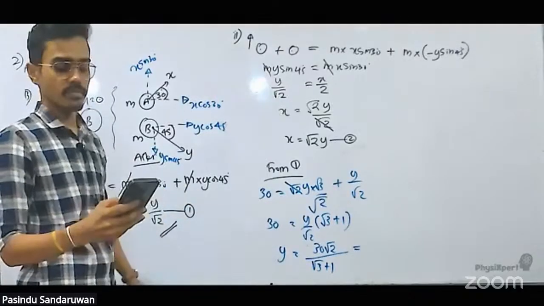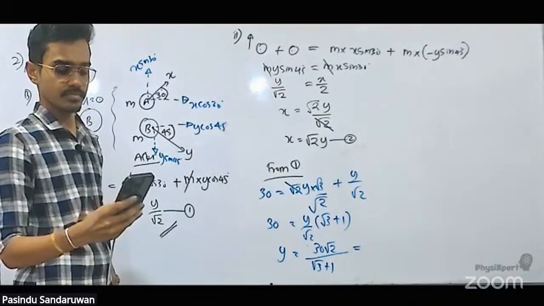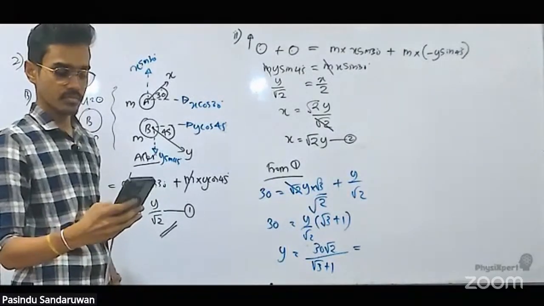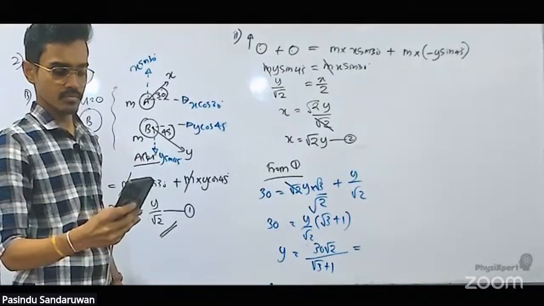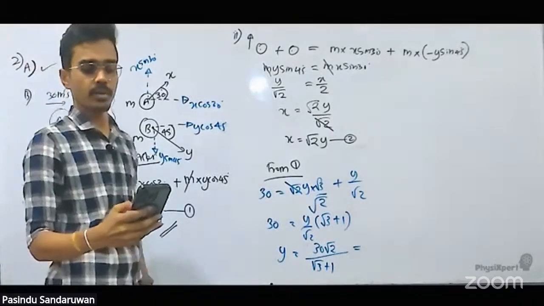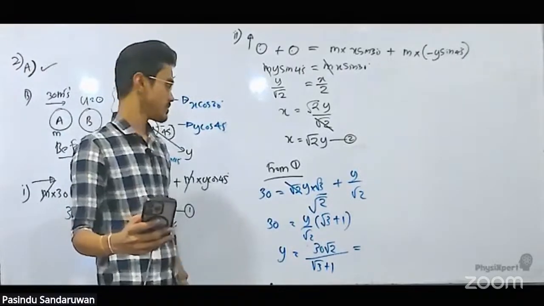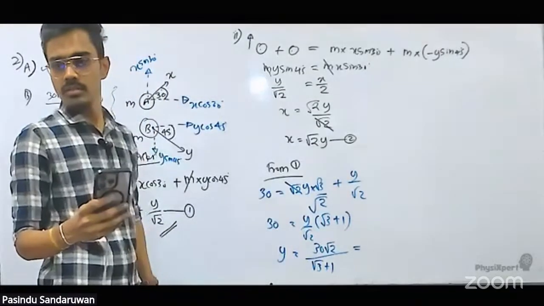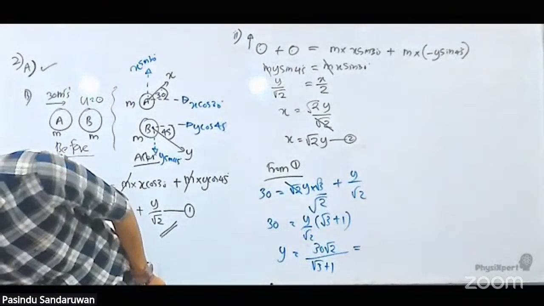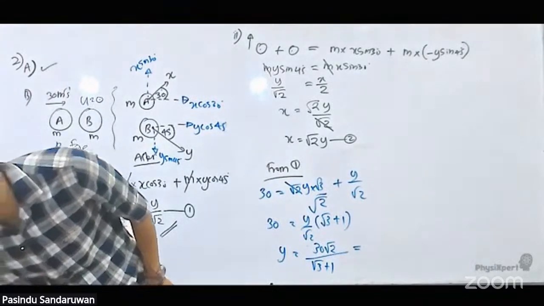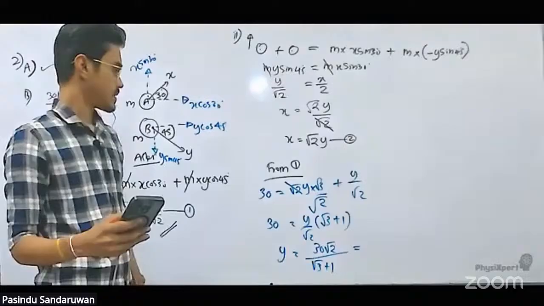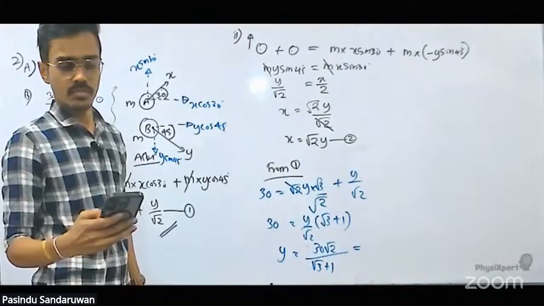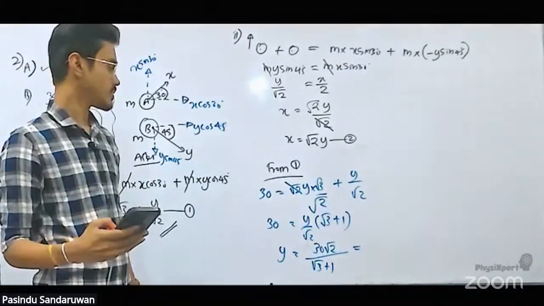Root 2 and root 3 are known values. 30 root 2 is 42.42.